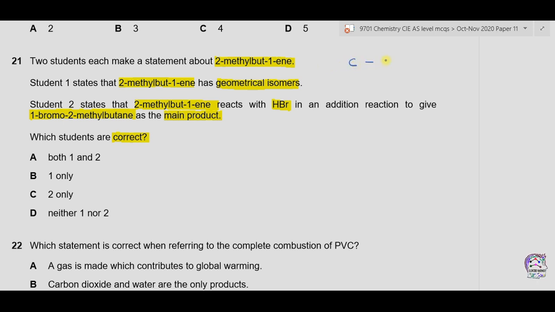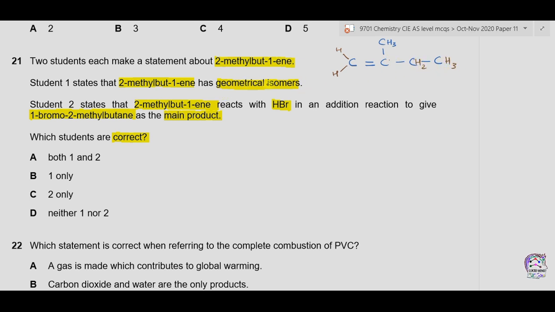So we have 4 carbon atoms in the long chain. As it is 1-ene, the double bond is between the first and second carbon. On the second carbon we have a methyl group, so it is CH3. Adjusting the number of hydrogens, we have H, H2, H3.